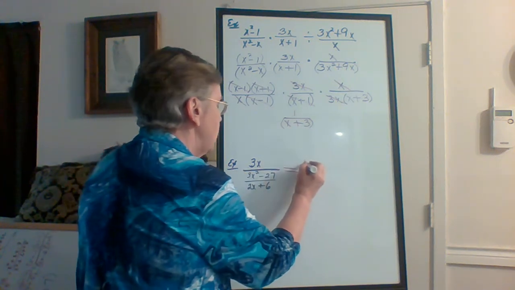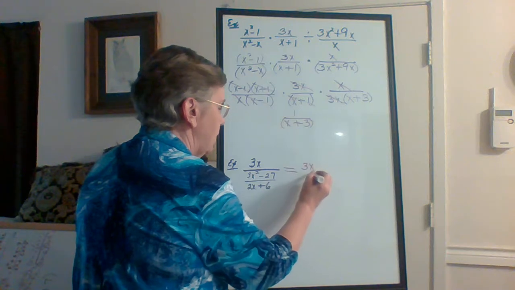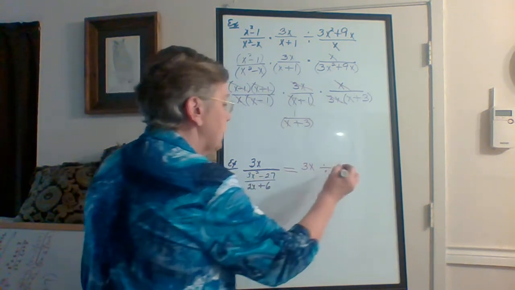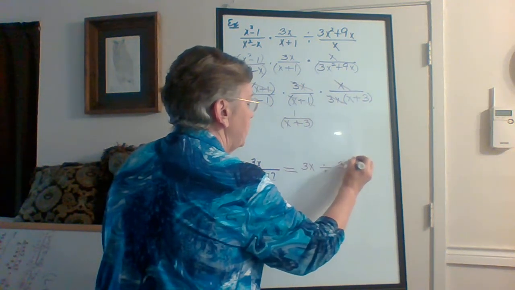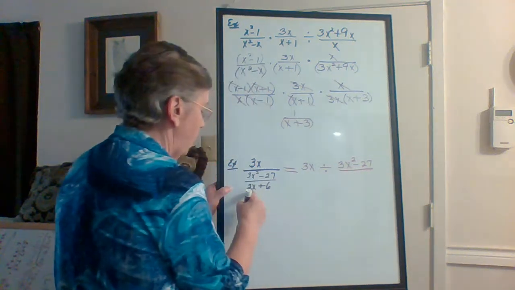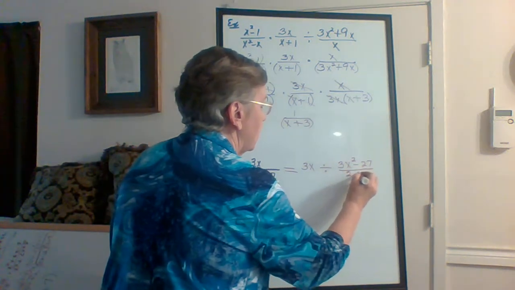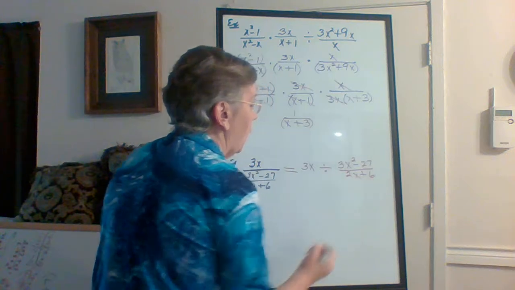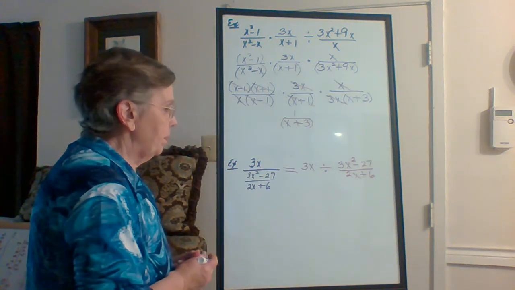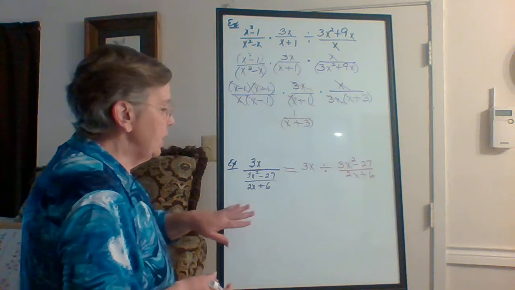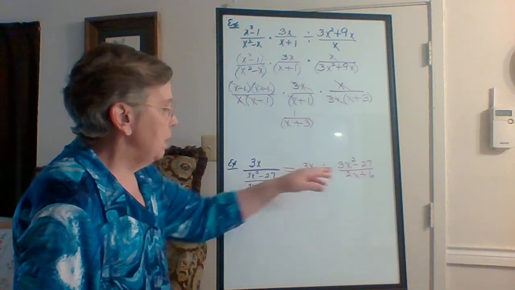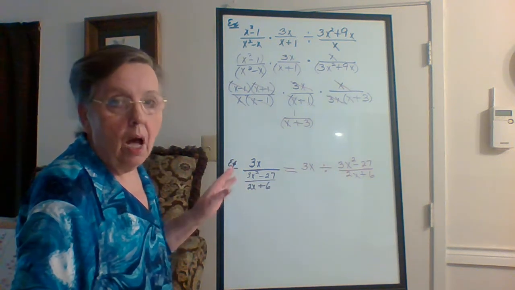So that means that it is 3x divided by 3x squared minus 27 over 2x plus 6. So we're going to work with it in this format. Not this one, but this one. We just uncomplicated it.